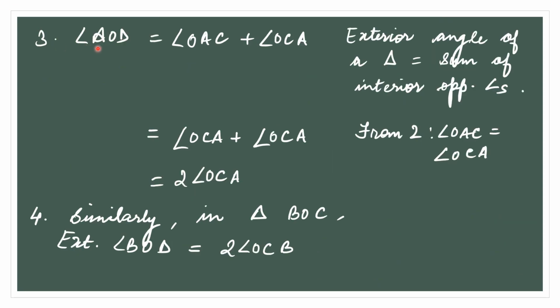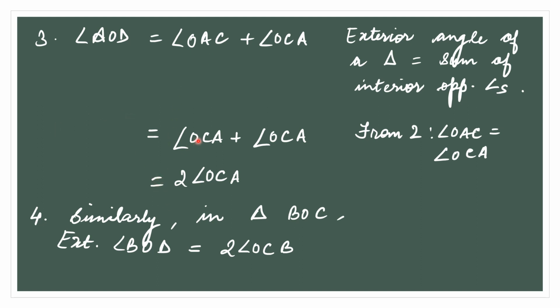Third, angle AOD is equal to angle OAC plus angle OCA, because the exterior angle of a triangle is equal to the sum of the interior opposite angles. This is equal to OCA plus OCA, because OAC is equal to OCA, as we have proved before.